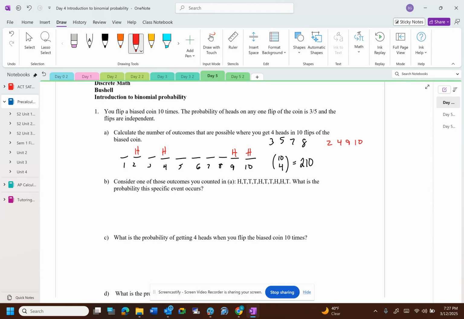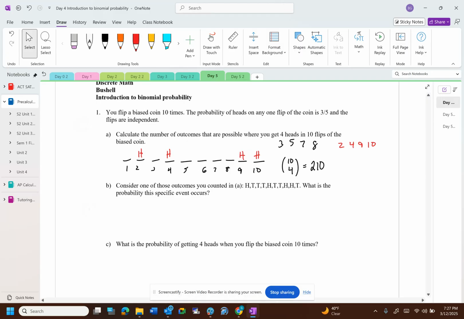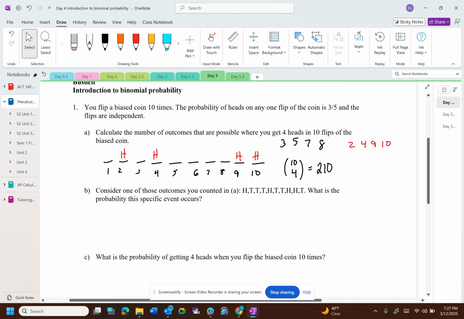Okay. Consider one of the outcomes you counted in part A. So of those 210 outcomes, and here we've got one specific example, what's the probability of this event? Well, it's pretty easy to calculate because we know the probability of getting heads is 3/5 and the probability of getting tails is 2/5. Okay, so we'll have tails in these other spots, right?